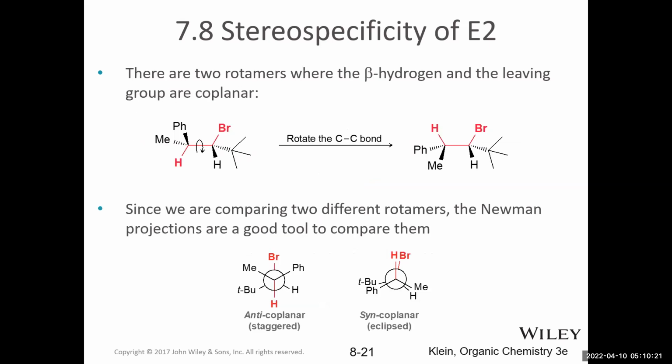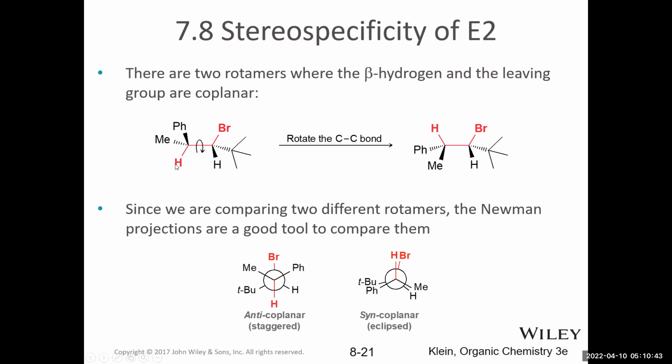If you look at the structure of the alkyl halide, you'll see that there are two rotamers where those four atoms, the two carbons, the hydrogen, and the bromine, are in the same plane. In other words, there's two conformations where they are coplanar, all four atoms.